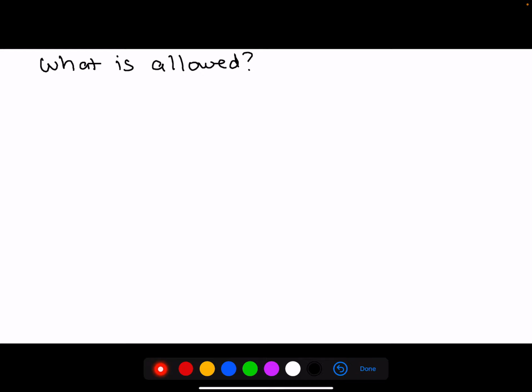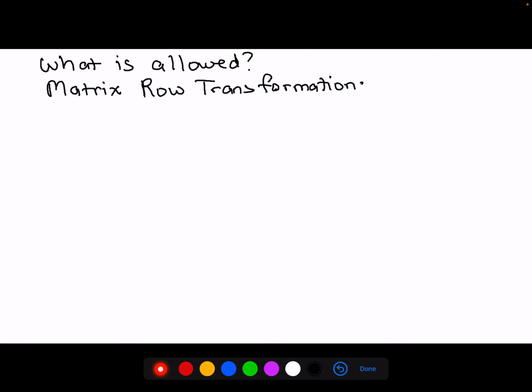They call these matrix row transformations. We're allowed to interchange any 2 rows. So you can take an entire row and put it in a different position as long as the other row goes into that position. Interchange them, swap them.